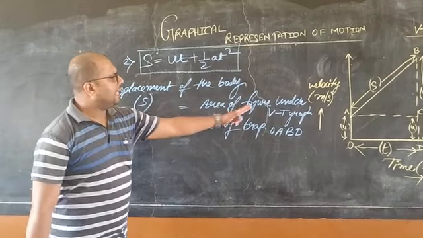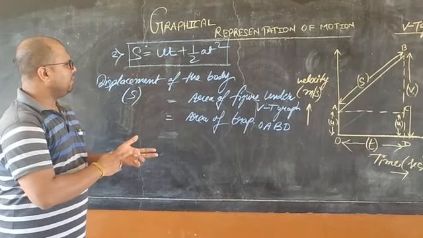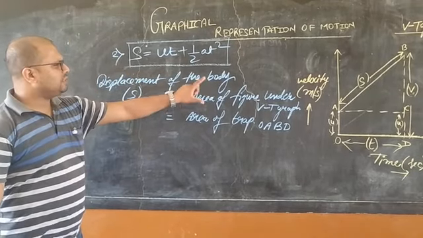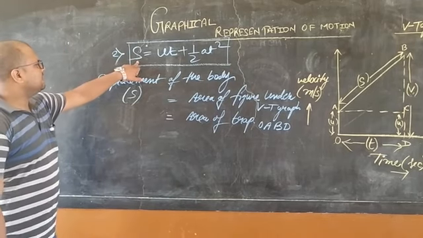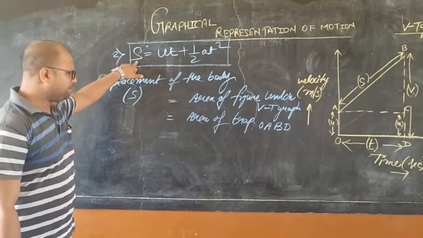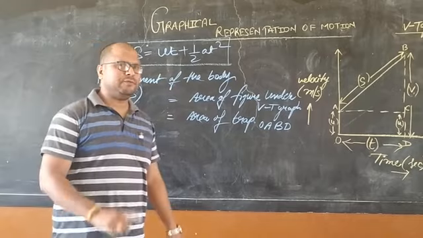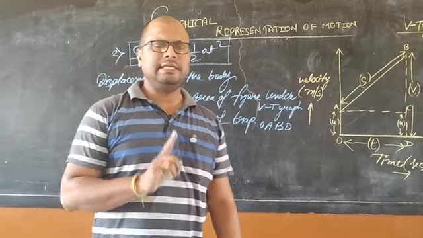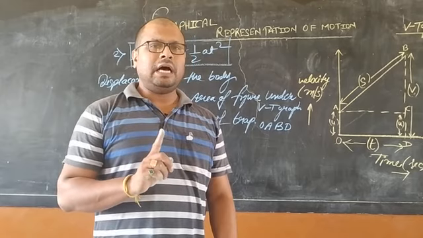In this particular graphical representation of the motion of the body, we have discussed the points U, V, S, A and T. So in this equation you can see the equation starting from S. It means the displacement of the body, right? Displacement of the body under VT graph, students, if you remember I told you, how can we find it?